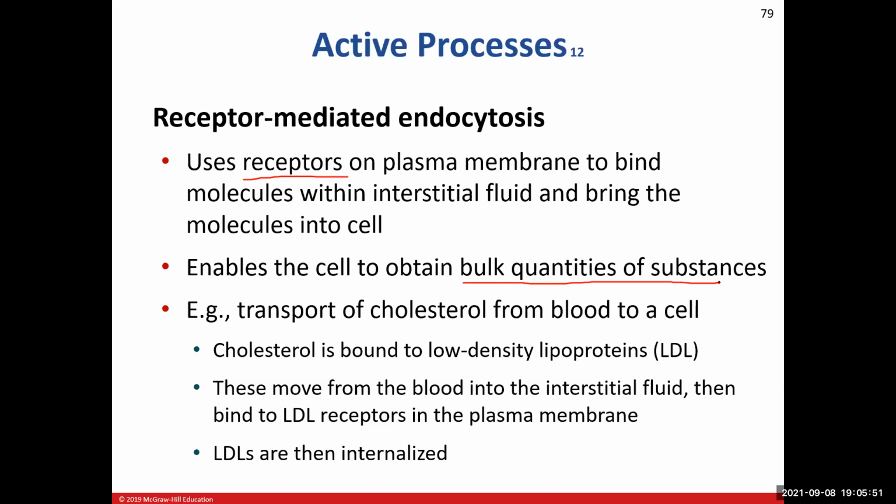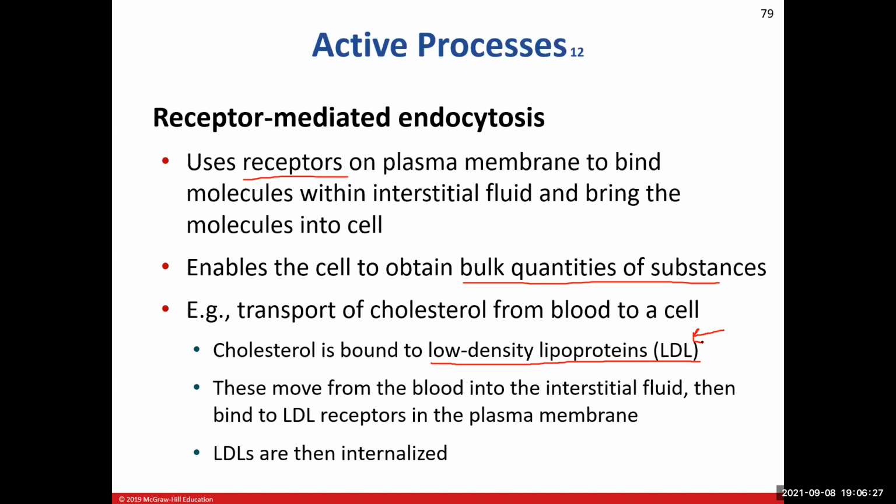So say the cell wants cholesterol. Well, that cholesterol is going to bind onto this molecule called the low density lipoprotein. That's our protein molecule that has a lipid group on it. While it's floating through the blood, it'll exit out of the blood, say in the liver, and the special cells there, the hepatocytes, will have receptors specific for these LDLs, or low density lipoproteins.